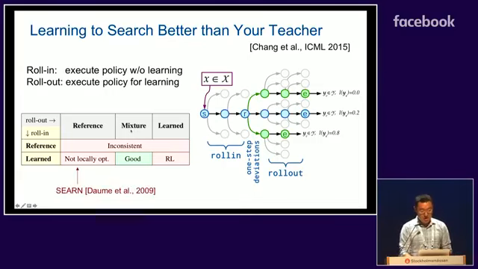Now, SEARN, which is one of the methods we discussed in the first half, is in the bottom left corner, and it is not optimal if the reference or the expert is not optimal. And so this is a generalization of SEARN in some sense, that can learn to do better than the expert.